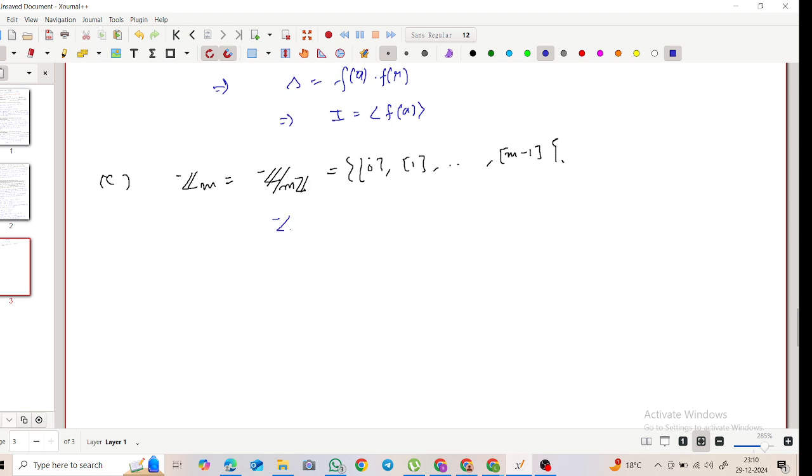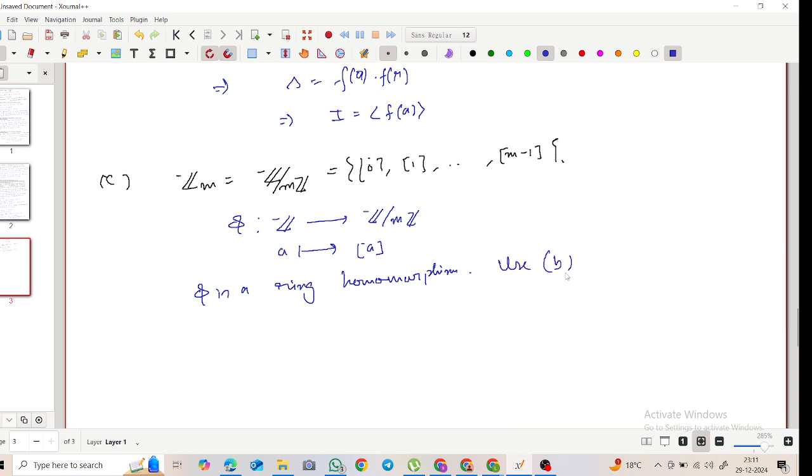So clearly you can define a map from Z to Z mod mZ where you take an element and you send it to its class. Okay. So phi is a ring homomorphism. Now just use B to conclude. Okay. Then this is just a homomorphic image of Z.